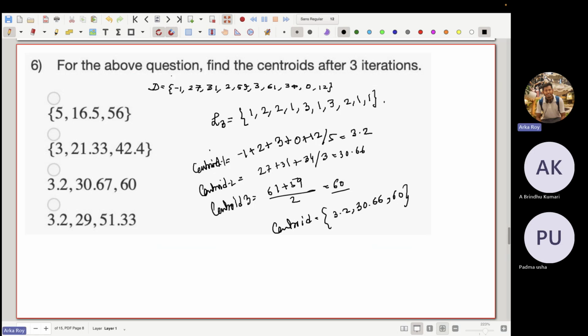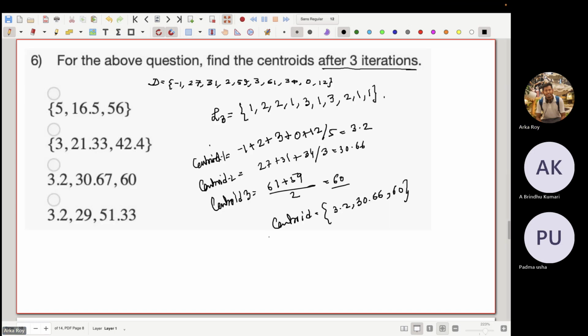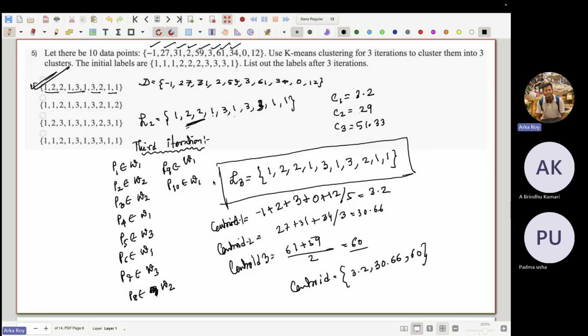Okay, so from the above question, find the centroids after third iteration. Already we have done this in the previous page. From the previous page, we had evaluated after third iteration what would be the data labels, and corresponding to the data labels, we also evaluated the current centroids, that is centroid 1, centroid 2, and centroid 3.